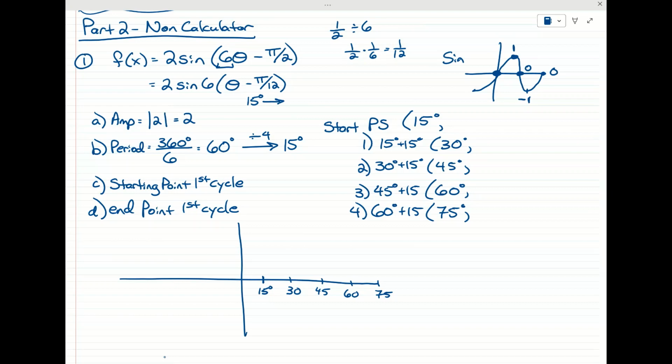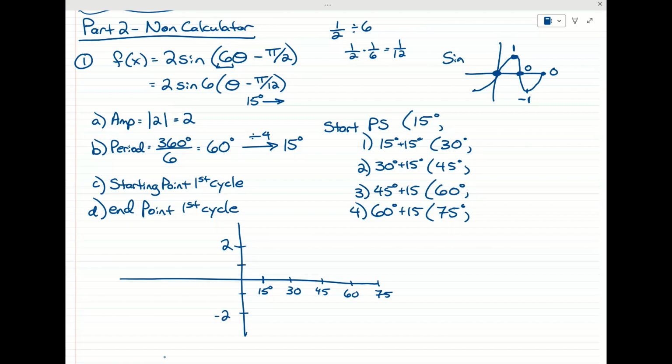When we're sketching the graph, we use those y values. It's 2 sine, though, not 1. Right, very good. So if the original graph goes 0, 1, 0, -1, 0, then because this is 2 sine, the amplitude is 2. Thank you, Jared.